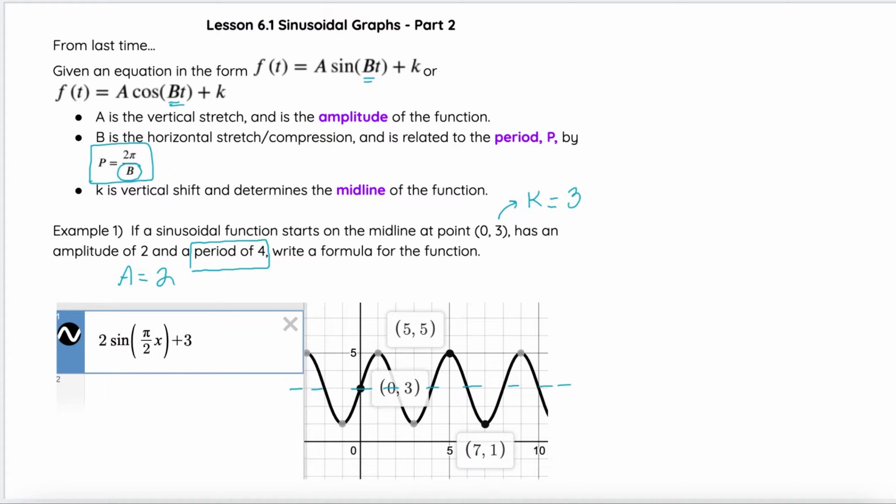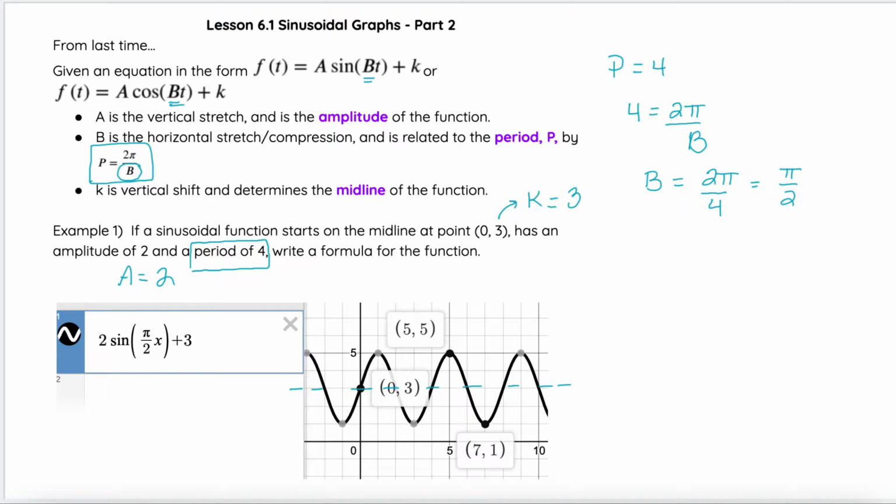So if the period is 4, using the formula provided, 4 is equal to 2 pi over b. Therefore, b is equal to 2 pi over 4, or pi over 2 when we reduce it down. Now we have all of the pieces that we need for our function.